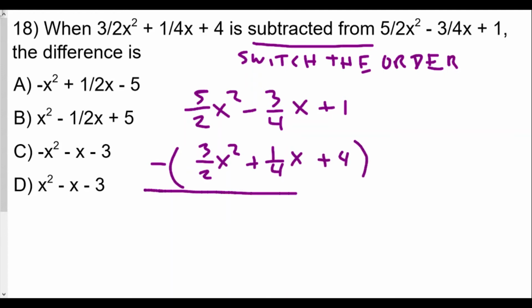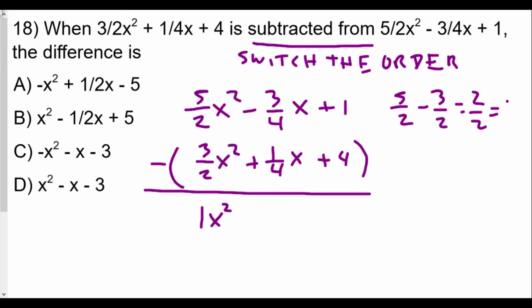And we're subtracting these terms. So on your calculator, you can do 5/2 minus 3/2. That's definitely 2/2 or just 1x squared. Okay, so 5/2 minus 3/2 is 2/2 or 1.